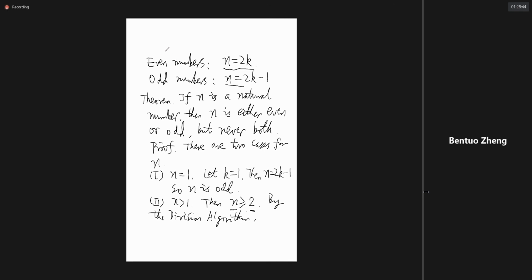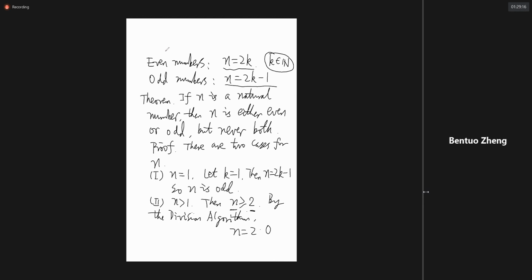Even number. You should recall we have an implicit condition here. This k has to be a natural number, right? So this is important. When you say it's an even number n equals 2k, this k has to be a natural number. So if I write, say, n equals 2 times 0, can you say it's an even natural number?